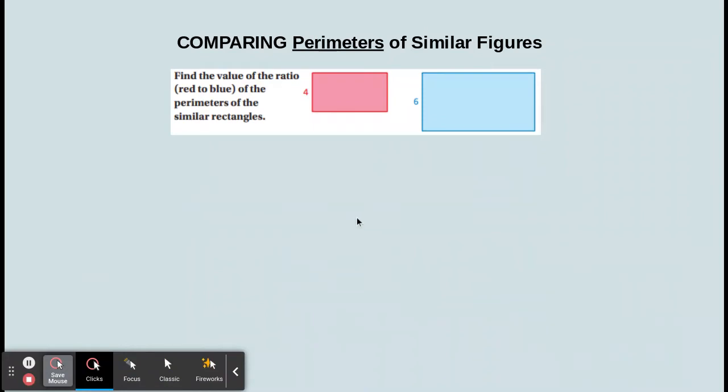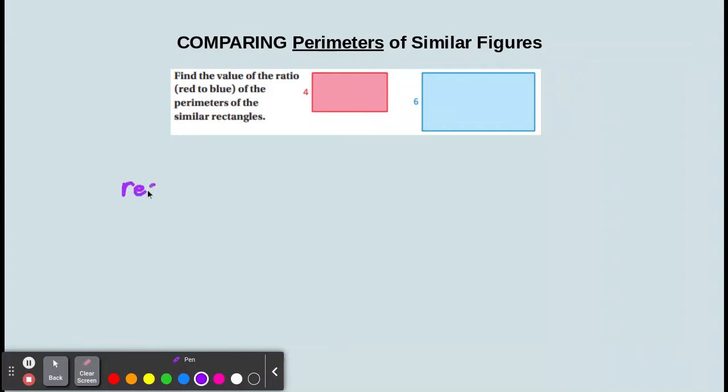So looking at this problem here, we want to find the value of the ratio, red to blue, meaning we want the red on top, the blue on bottom. So the value of the ratio of the red to blue of the perimeters of the similar rectangles.